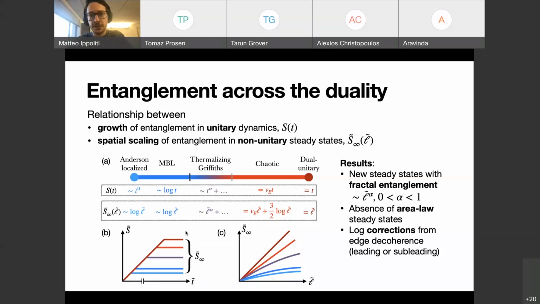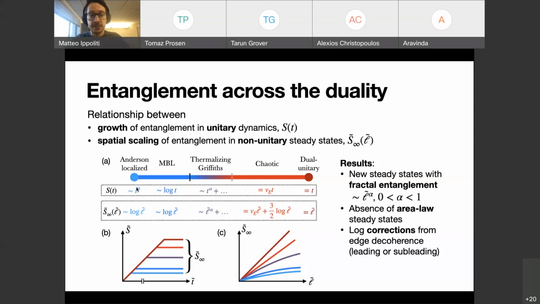This model here has a qualitatively different kind of structure. So it's an interacting, monitored, time-dependent evolution. So it's a kind of robust fractal scaling that is enabled by breaking unitarity, let's say, something that you don't normally find in this fashion in unitary evolution. Then the second striking result here is that there's no area-law phase here.